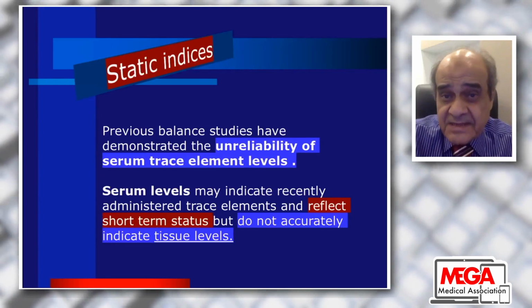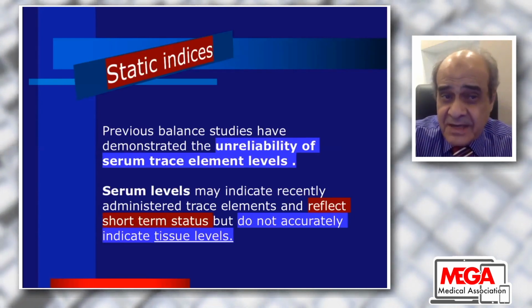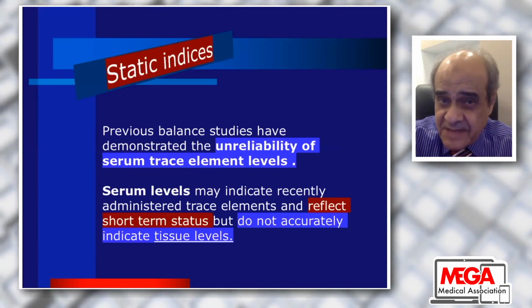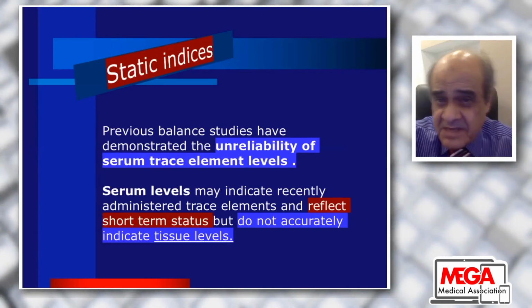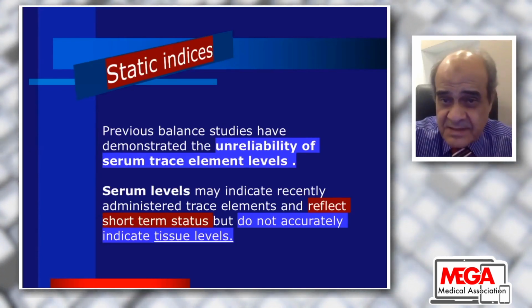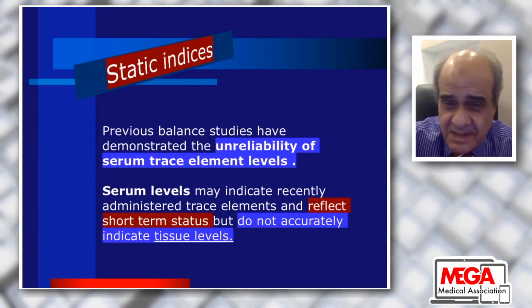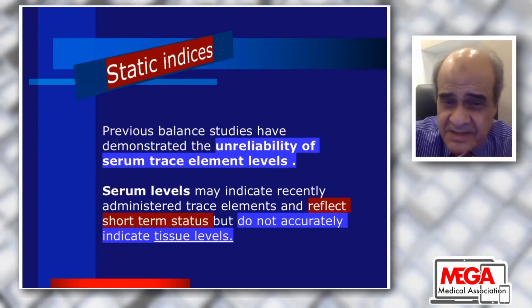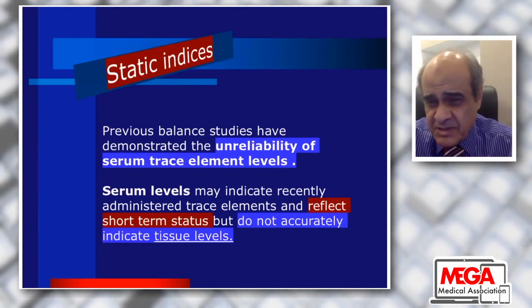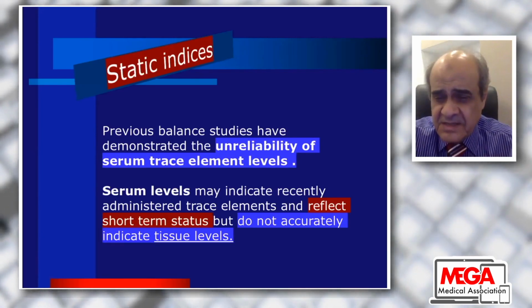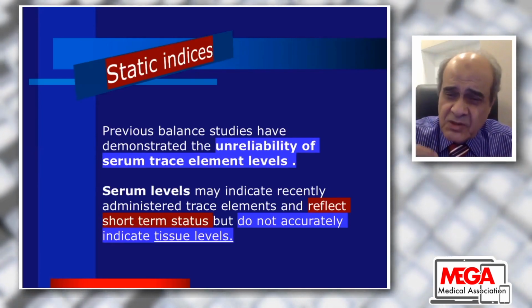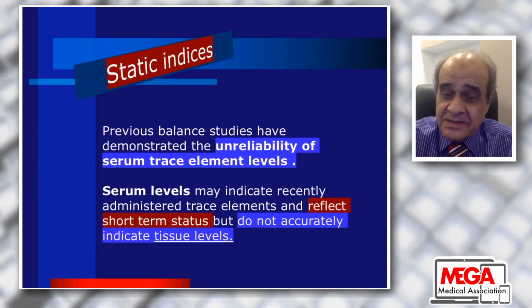Previous balance studies have demonstrated the unreliability of serum trace element levels. Serum levels may indicate recently administered trace elements and reflect short-term status, but don't accurately indicate the tissue level. As you know, the traumatized or critically ill patient is edematous and the protein loss is too much, and the trace elements shift.